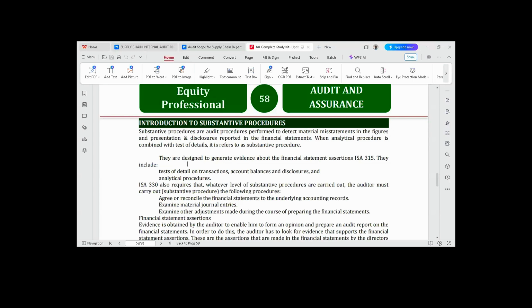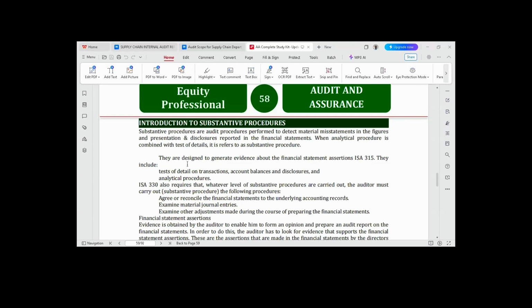Those two tests are test of controls and test of detailed transaction. You have to do both to place reliance on the client's internal control system. Now, the other one, which is a mix of the second one, is substantive procedure.